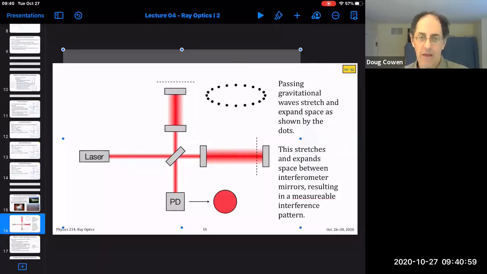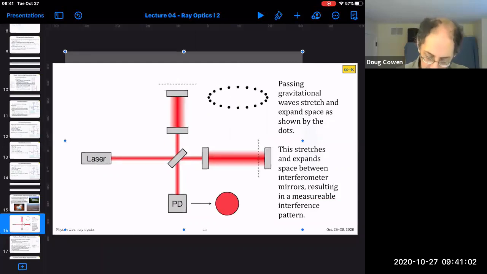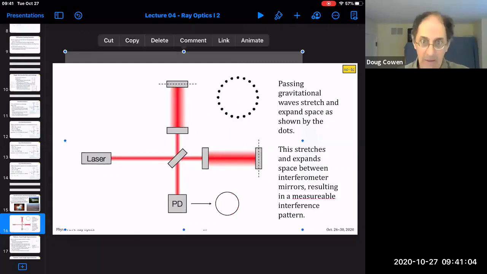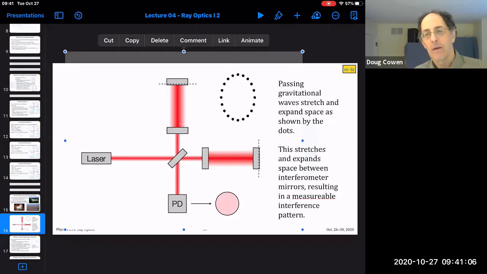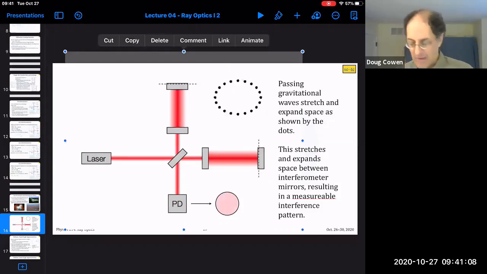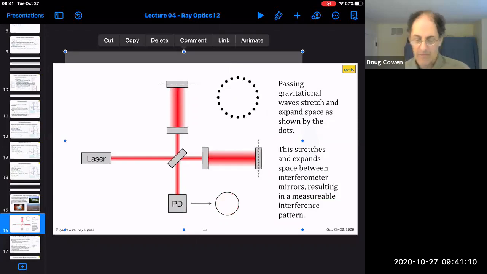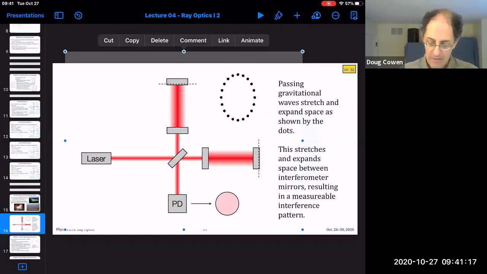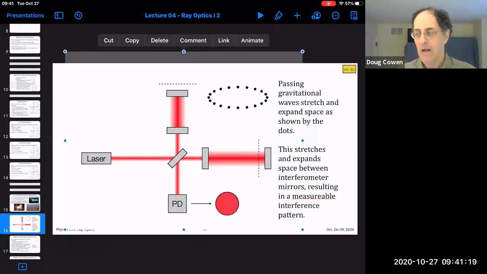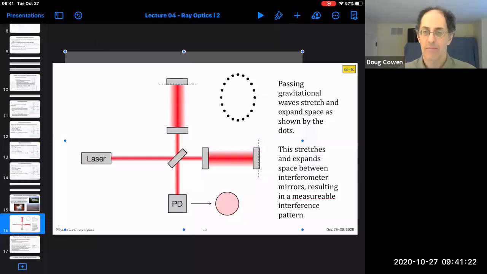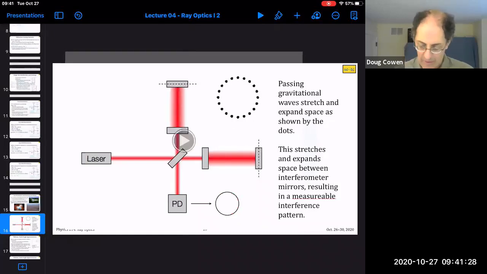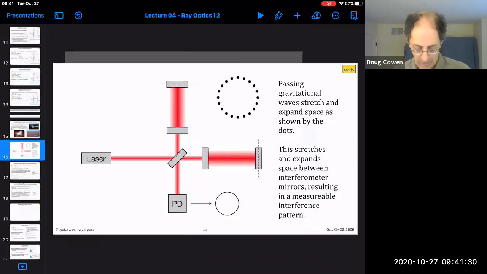So let me see if I can start this again and maybe get a different pattern. Yeah. So you can see down below the photon detector gets bright and then it gets dark and then bright and then dark, depending on whether there's constructive or destructive interference. I'm sorry that animation doesn't work better than that. I can post it if anyone's interested so you can see it in its fuller glory.